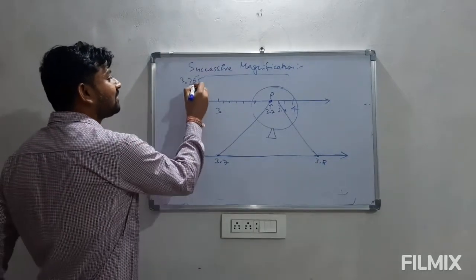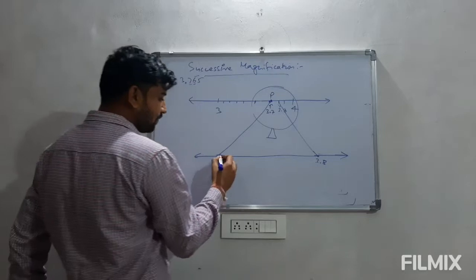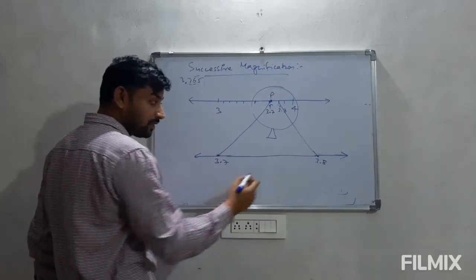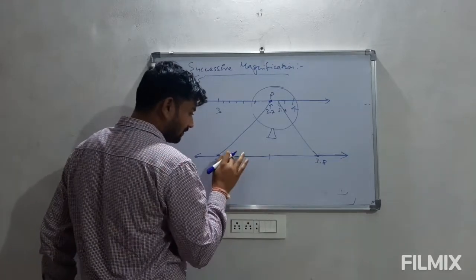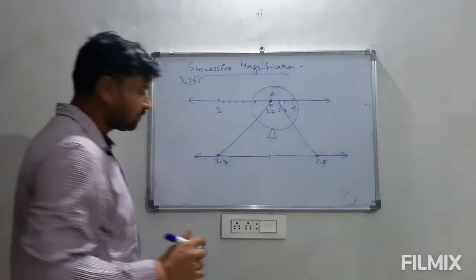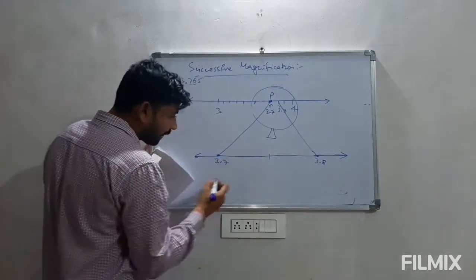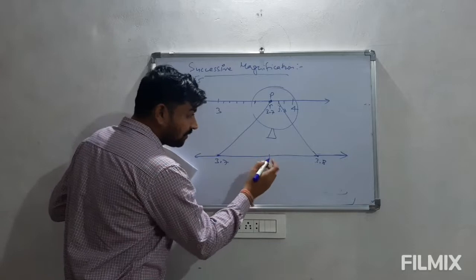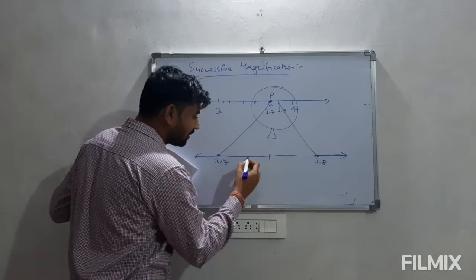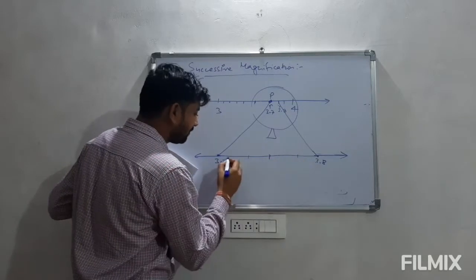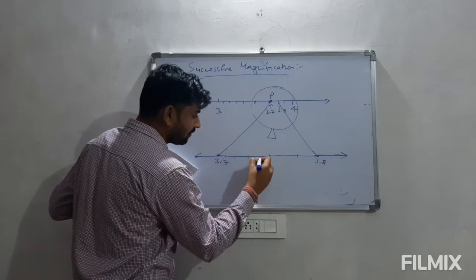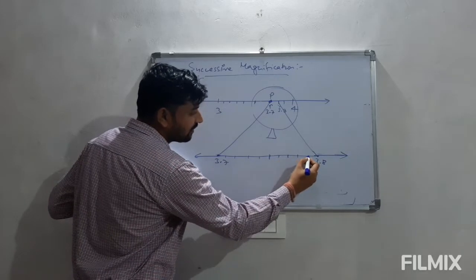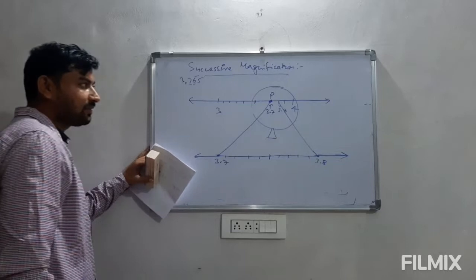Now the next digit is 6, which means we have to again divide it into 10 parts. We will get this. So here we have to divide in 10 parts. So I am doing that again just like before. We can easily divide it into 10 parts. These are 10 parts now.